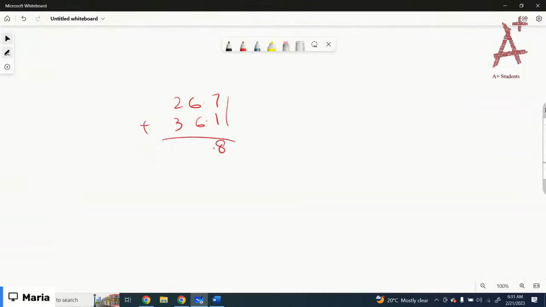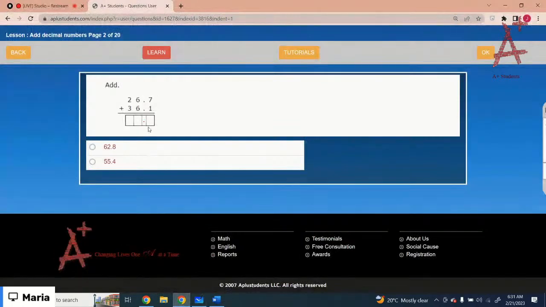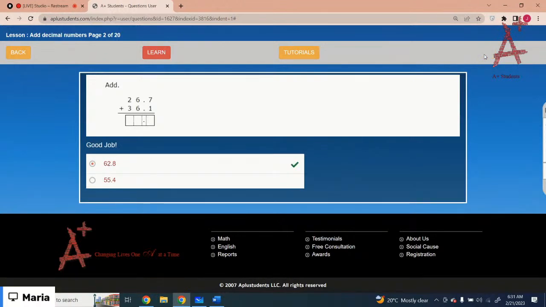Then put a decimal point. 6 plus 6 is 12, 2 and carry 1. So it would be 3, 2, 5 and 1, 6. So it would be 62.8. When you add them, it would be 62.8. The correct option is 62.8. I think you did a typing mistake.